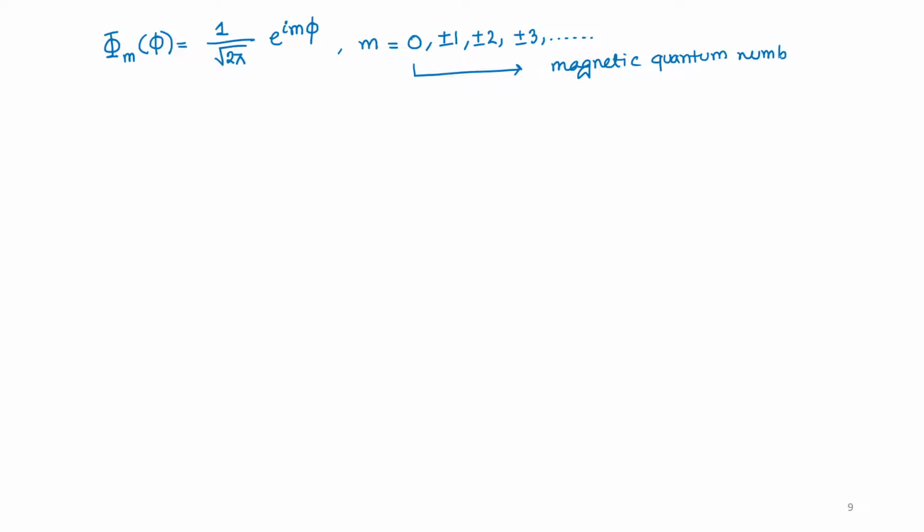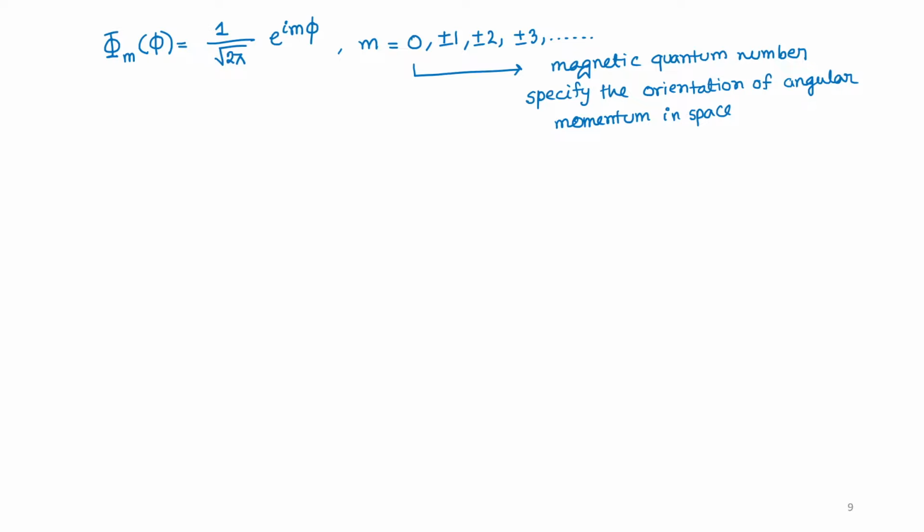And what information does it give us? It actually specifies the orientation of angular momentum in space, like it will give you m h cross.